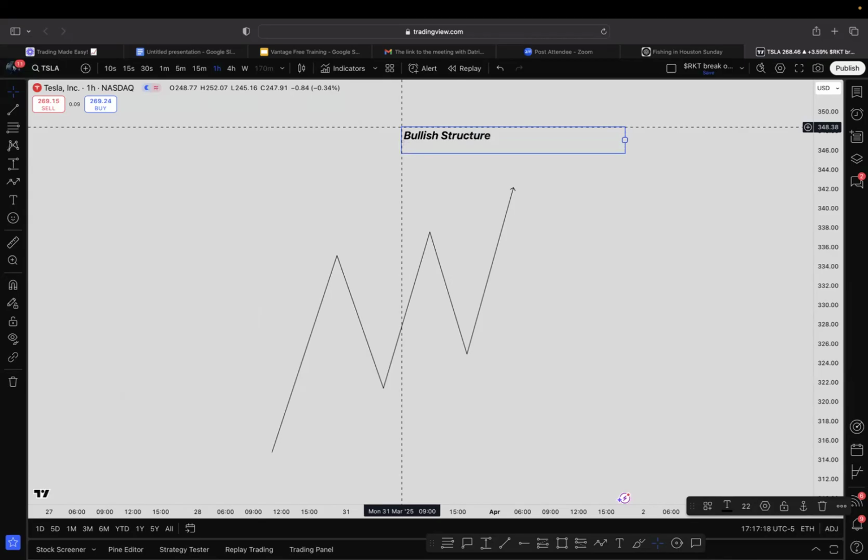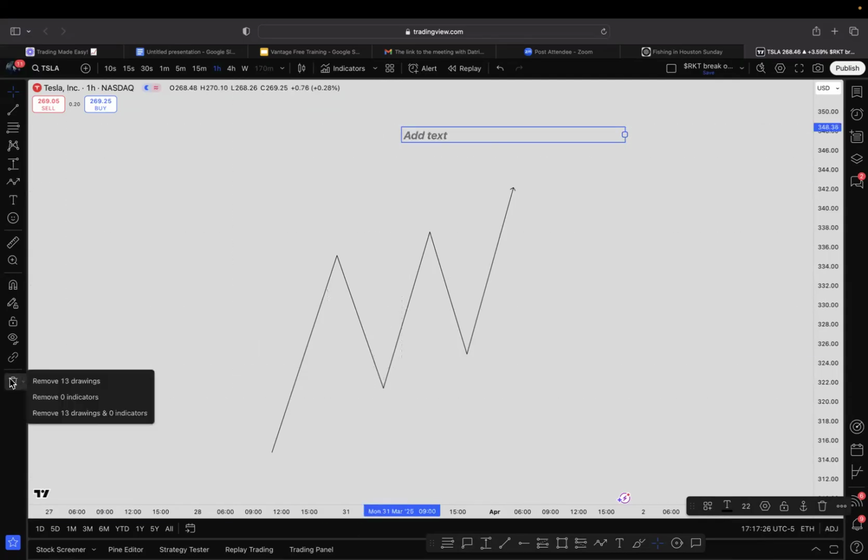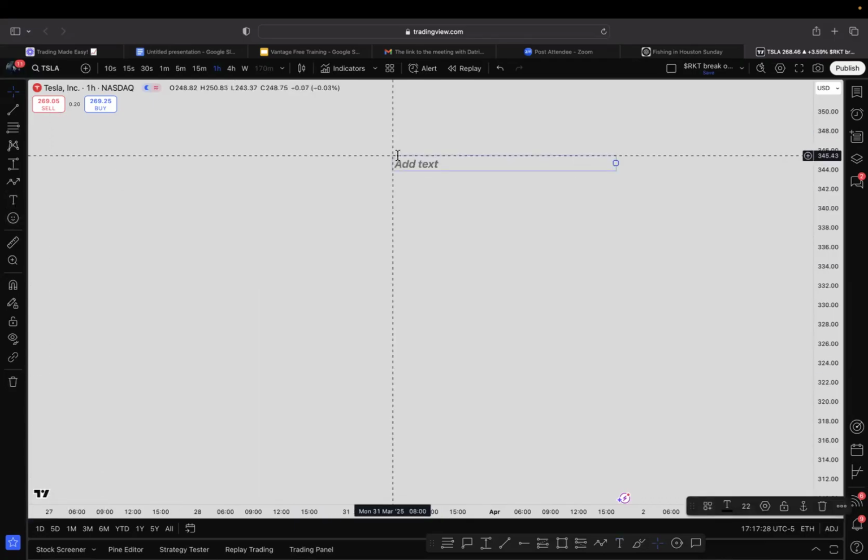So within bullish structure, we'll just say, first step, understand structure.